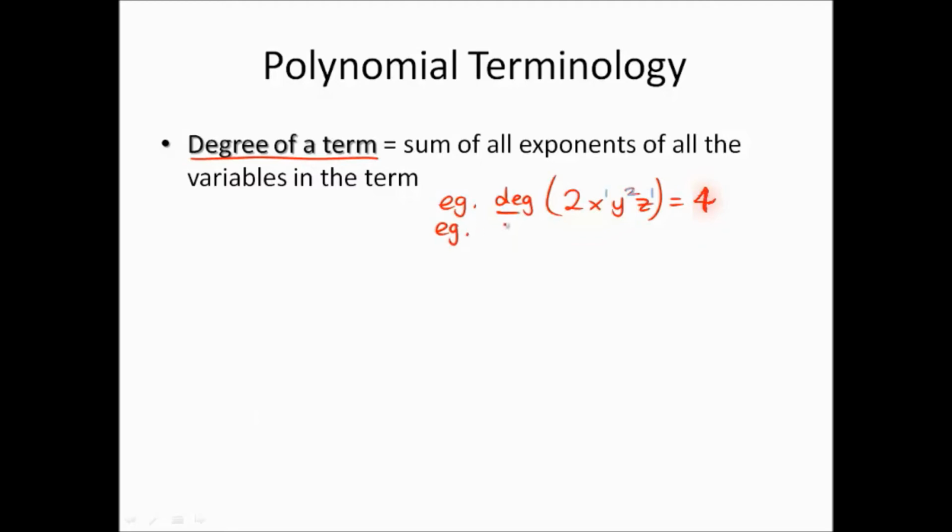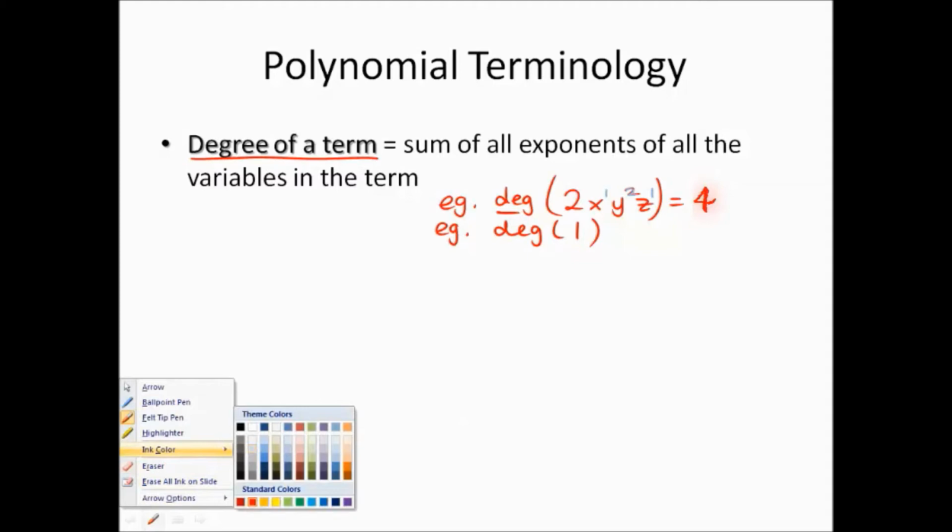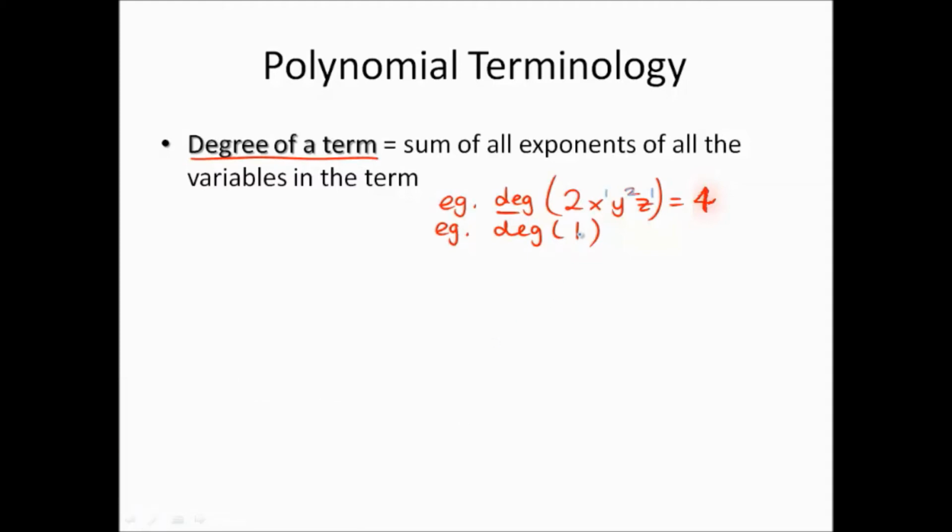Another example would be, say you had to get the degree of 1. So there are no variables. Well, what happens when there are no variables? Essentially, what's happening there is you've got x to the power of 0, or any other variable to the power of 0.